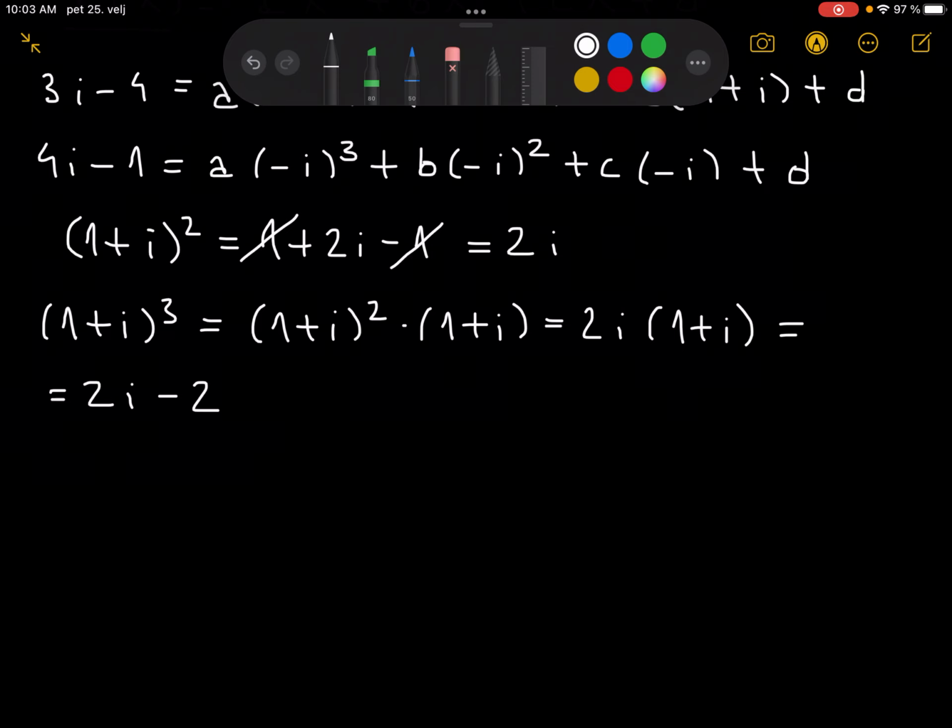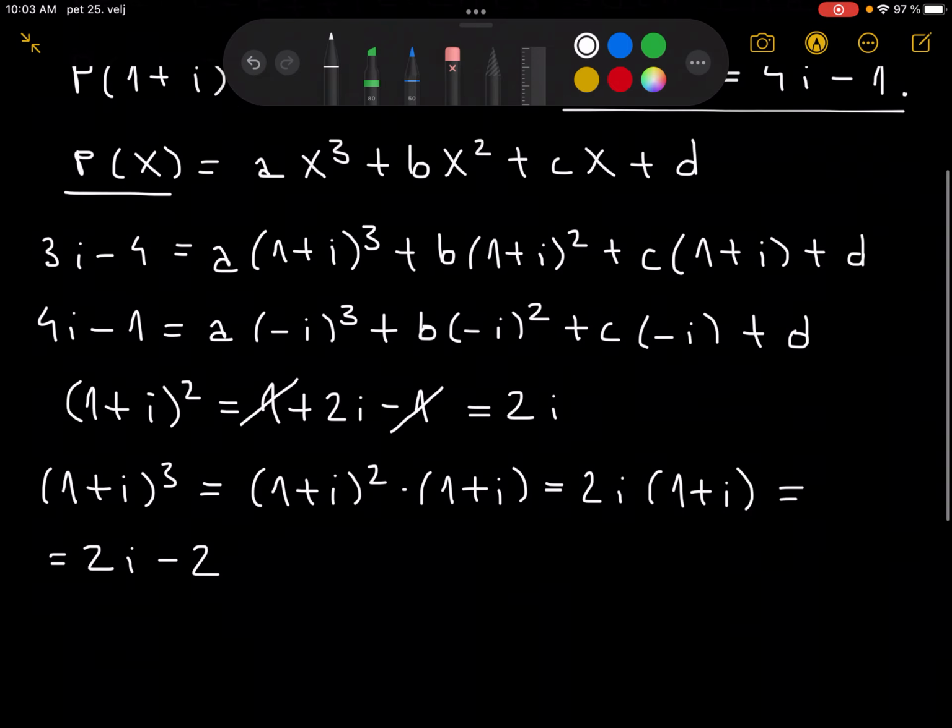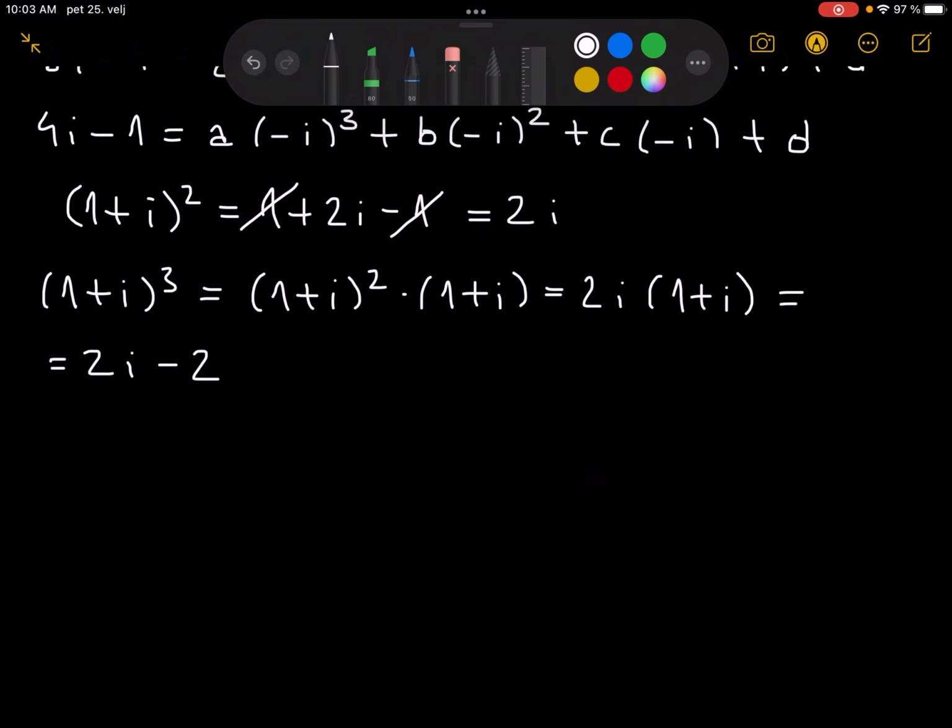Okay, now let's go ahead and do the same thing for negative i. Negative i squared is exactly the same as i squared, which is equal to negative 1. Negative i to the third power must be equal to negative i to the second power times negative i to the first power.